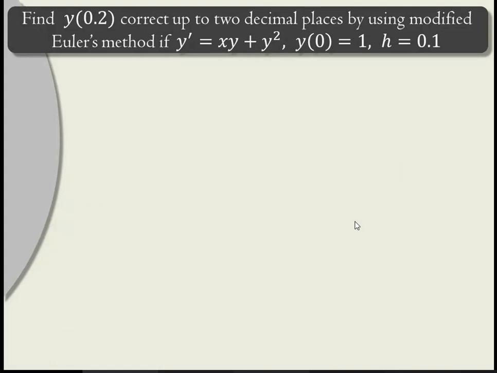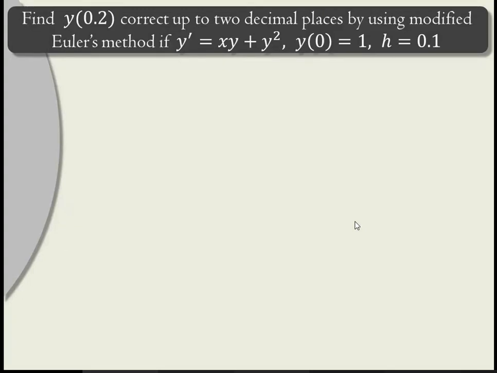Find y of 0.2, correct up to 2 decimal places, by using the modified Euler's method, if y dash is equal to xy plus y square, given y of 0 equal to 1, and take h equal to 0.1. So again, take that y dash as dy by dx and take all that function as f of xy.